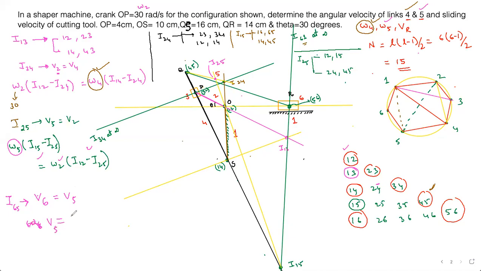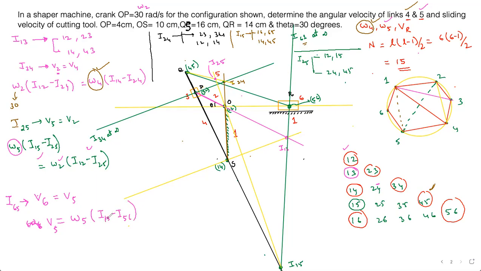What is V5? V5 is omega 5 into R. Radius is of the length. You can just take I15 to I56, right? I15 to I56.